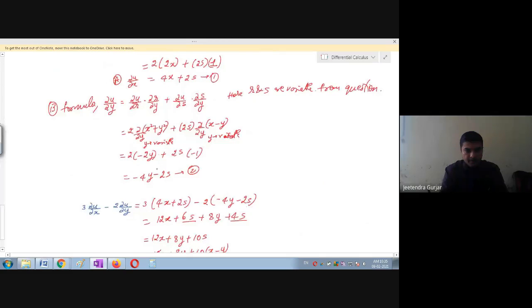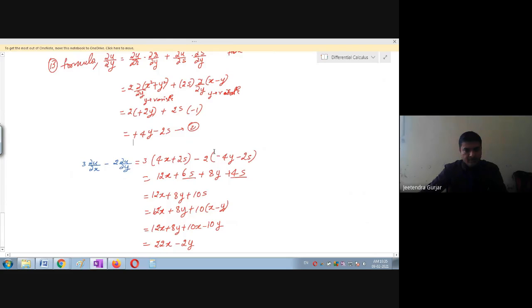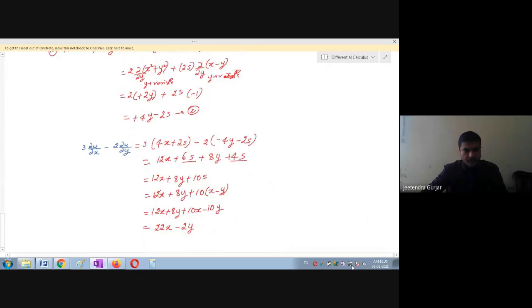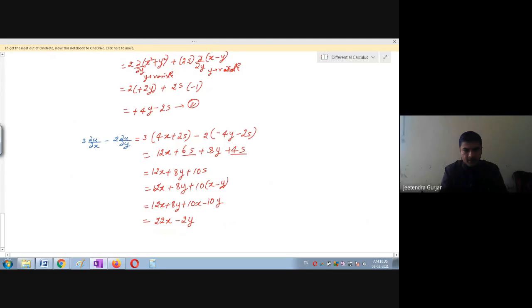So plus and minus will get interchanged. Now I can simplify this. This will become plus. Then minus 2 into plus 4, minus 8y, and this is minus 2s.